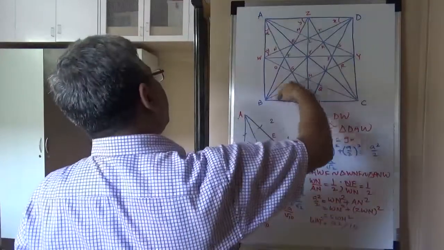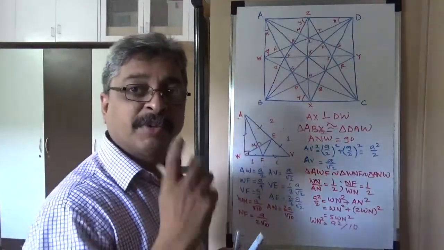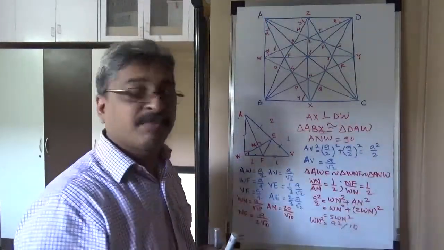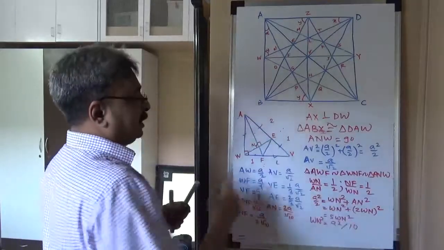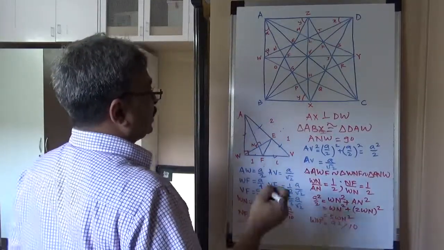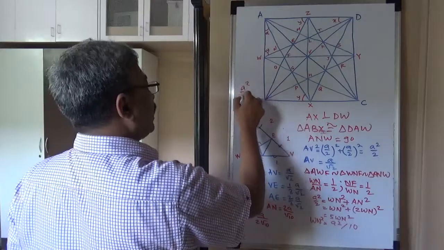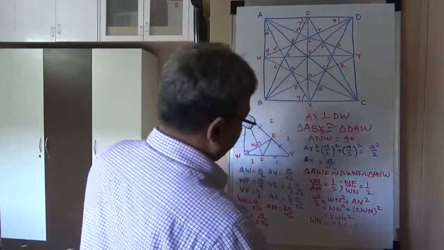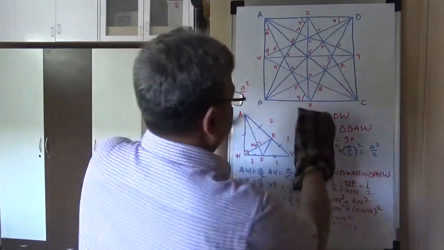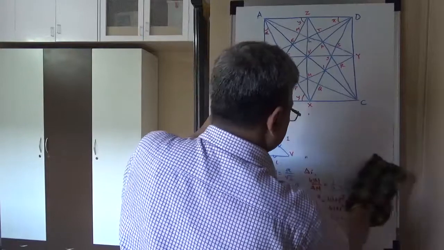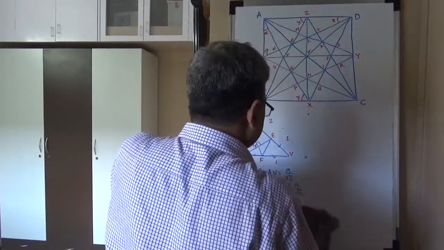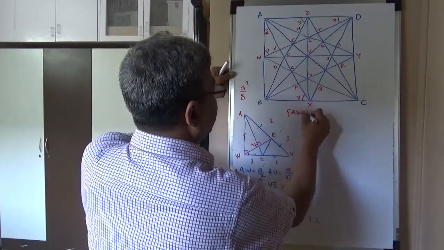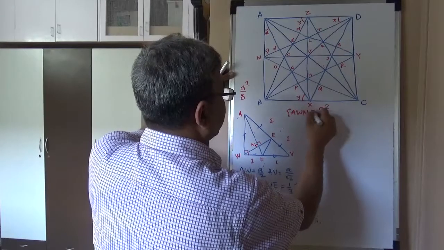Now if the area of this square is a square, because the side is a, then 1/4 of the square will be a square by 4, and half of that, the triangle AWV, has area a square by 8. Is that right? A square by 8. Now I don't have space, but let us make it here. Area of AWV is equal to a square by 8.